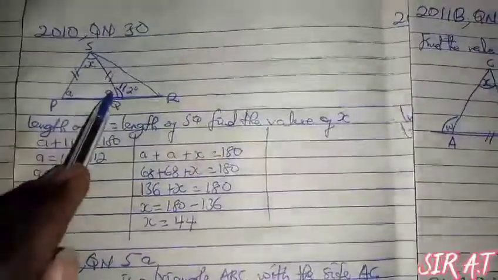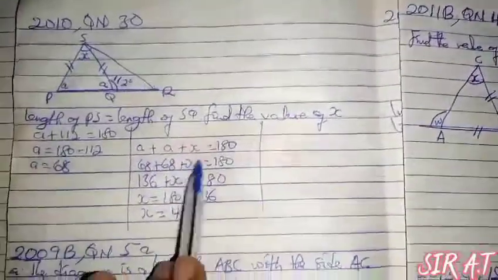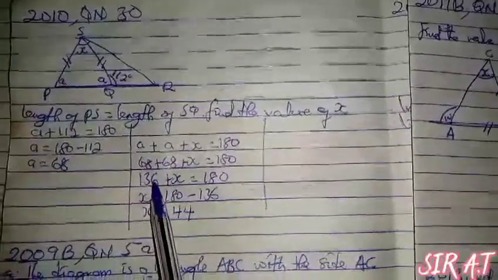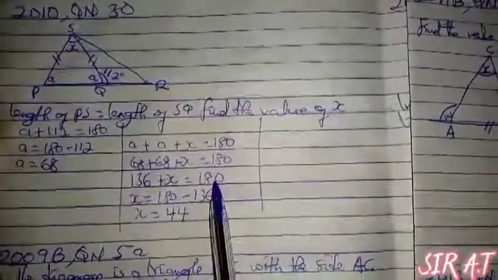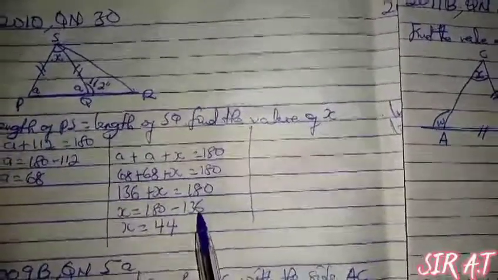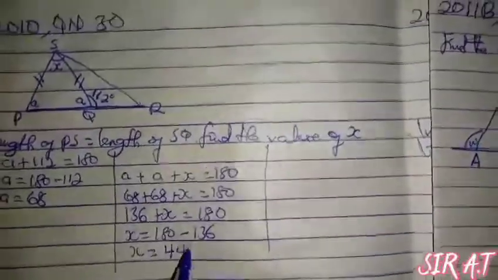So 68 plus 68 gives 136, plus X equal to 180. So our X is equal to 180 minus 136. Subtract 136 from 180, you're getting 44 degrees.